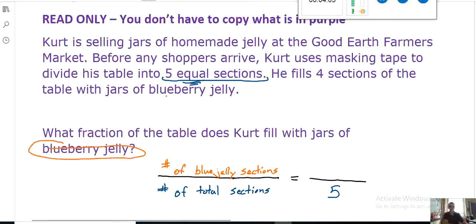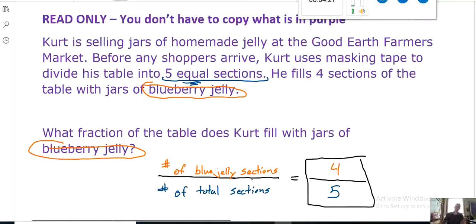We have to be careful, because sometimes they mix it up on what they're actually looking for a fraction of. But this one's pretty straightforward and simple. It would be 5 over 4. So, oh my gosh, I just said it backwards. 4 over 5. 4 sections of blueberry jelly out of a total of 5 sections. All right, so we got one more example.